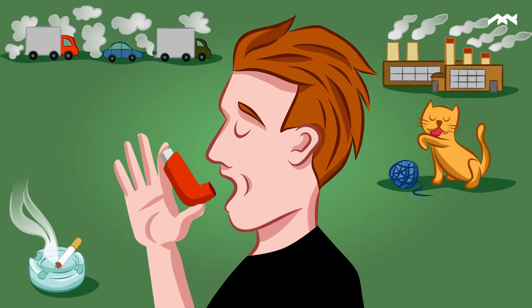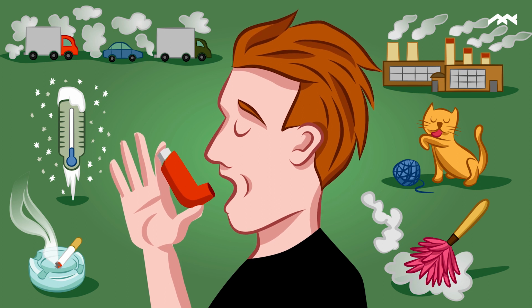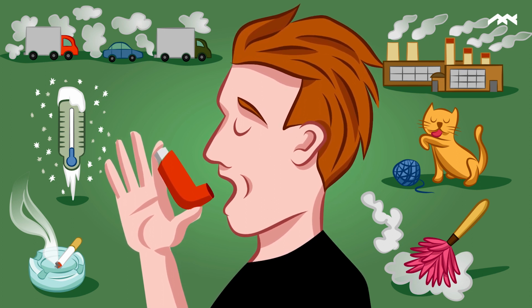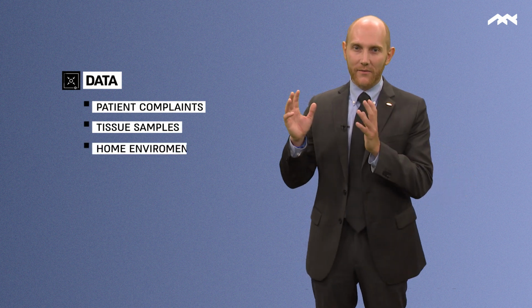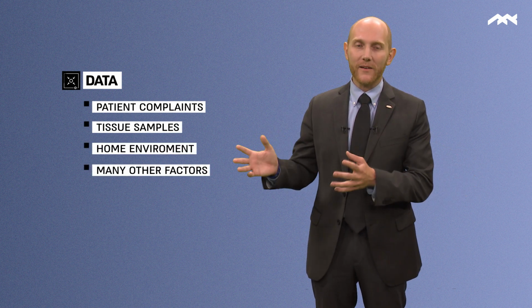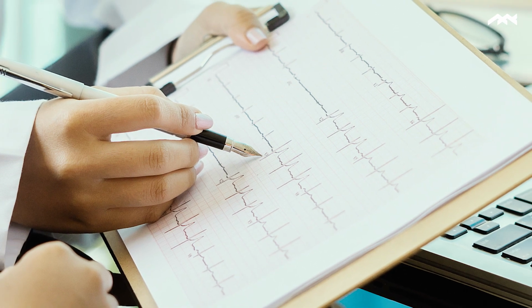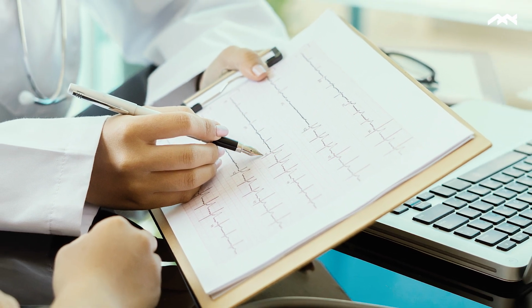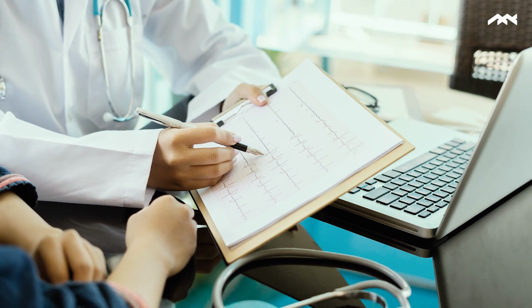However, to determine that asthma runs in the family, in other words, is hereditary, a large amount of data on people with and without asthma needs to be collected, sorted, and analyzed. This data may include a list of patients' complaints, tissue samples, a description of their living environment, and many other factors. Recognizing what makes people sick is the first step that needs to be taken toward finding a cure.